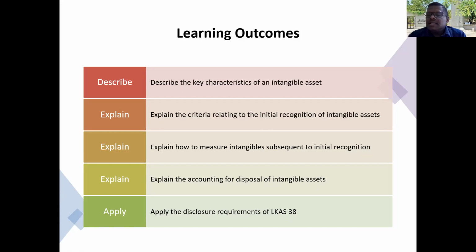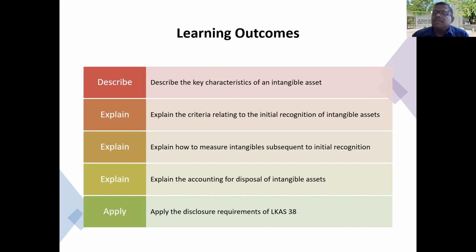This standard, accounting for intangible assets, is much more similar to accounting for property, plant, equipment. There is no big difference between accounting for PPE and accounting for intangibles, but the only difference is the nature of the assets.